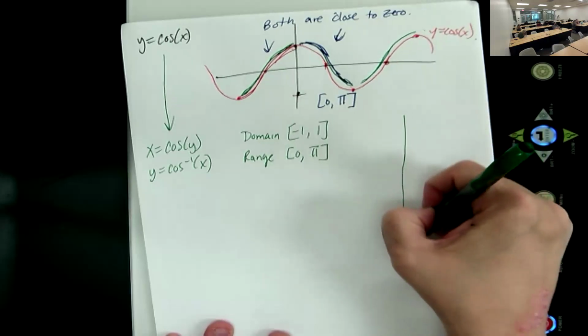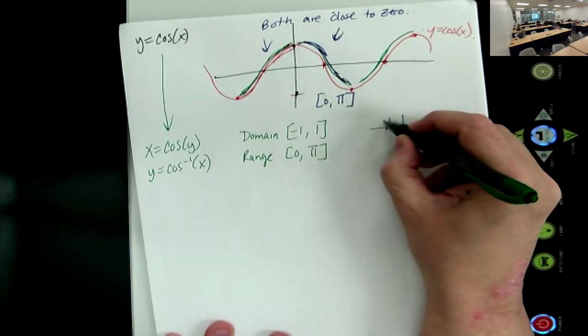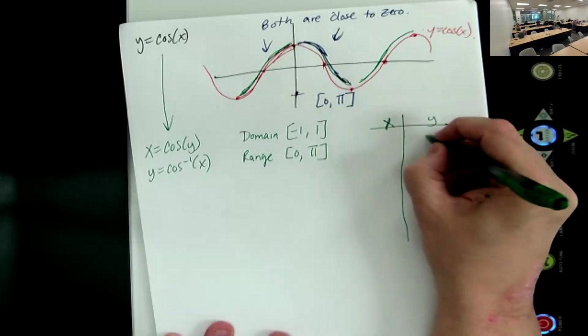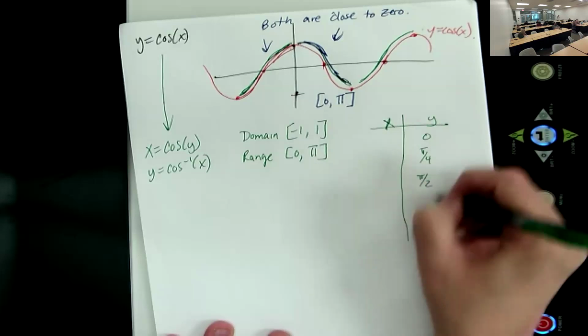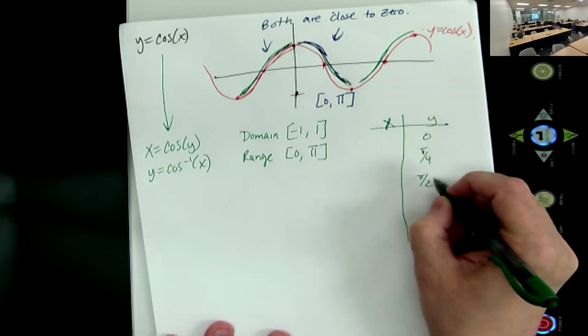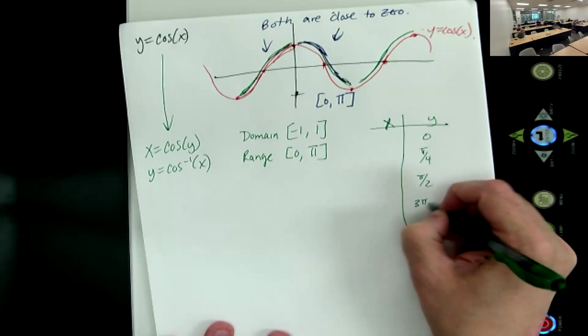Make a little table. 0, pi over 4, pi over 2, 3 pi over 4 and pi.